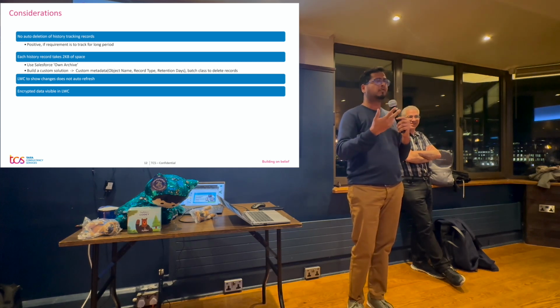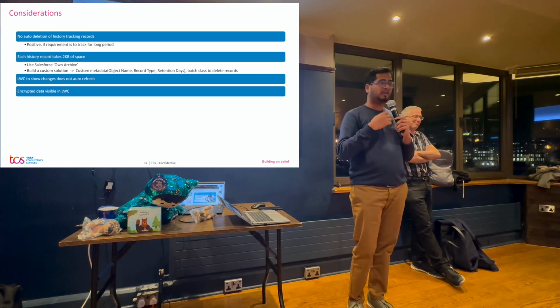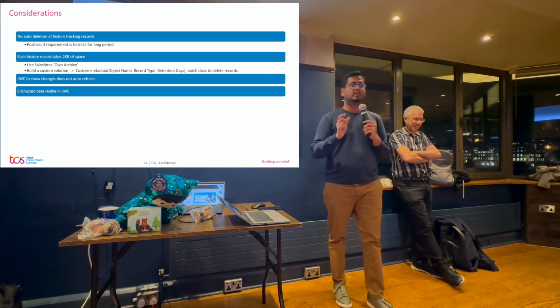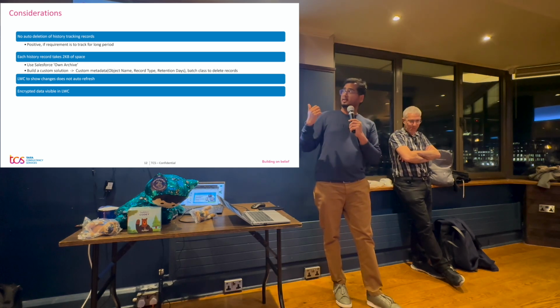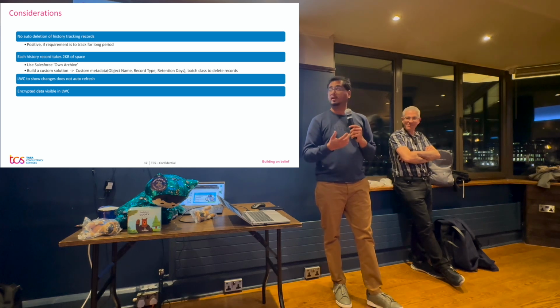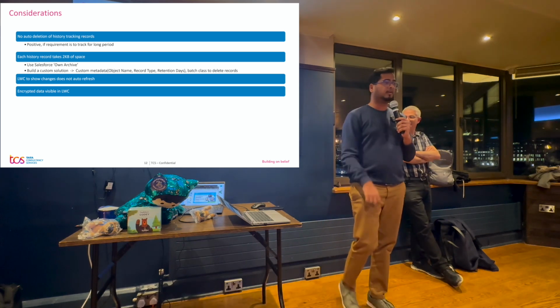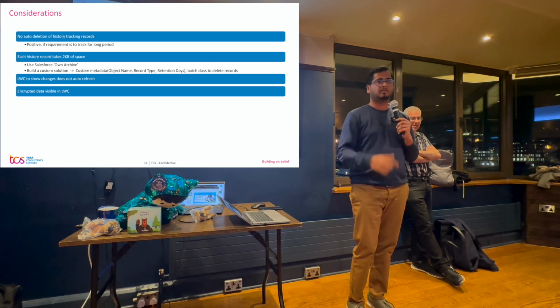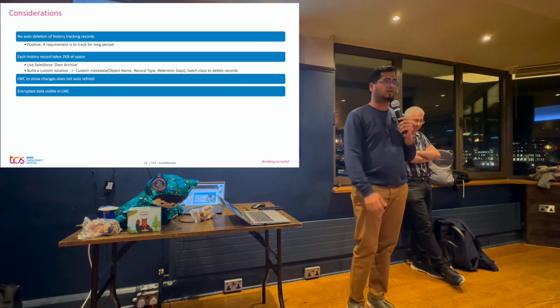That's like 4 KB of space. That's why I said earlier, you need to be mindful of how many fields you track, because each record takes 2 KB, and it can fill the space of your org very quickly if you track a lot of fields.